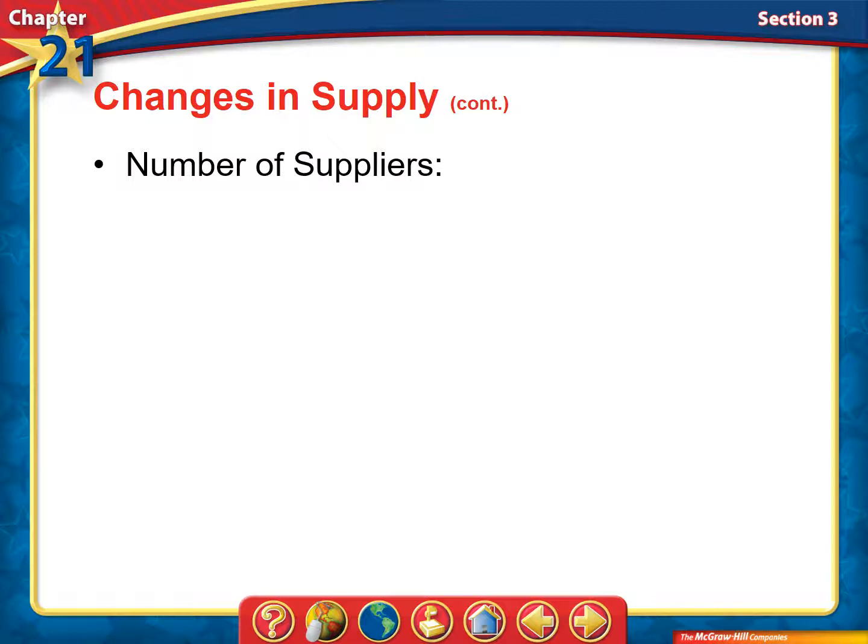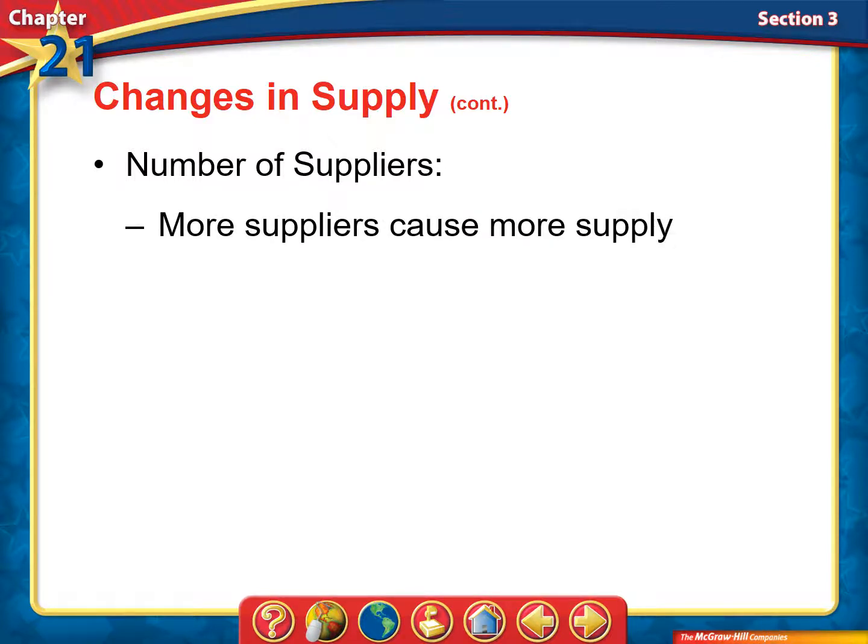Okay, the number of suppliers. This one's pretty obvious. The more suppliers you have, the more supply of your product. And what I'm talking about here are, for example, let's think about how the stapler is made. It's made primarily of aluminum, a little bit of rubber, and that's about it. The two items I need, aluminum and rubber. So oil and ore.